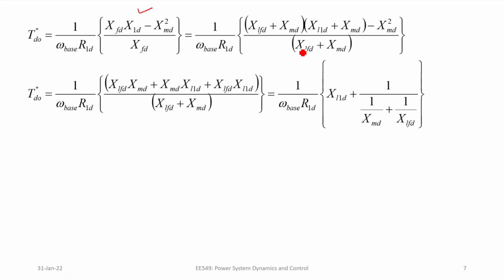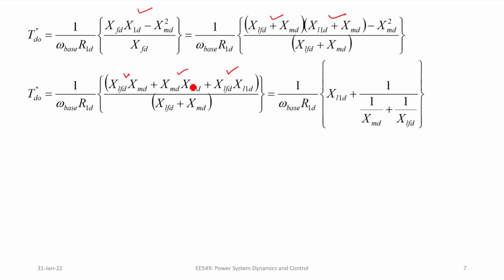Okay. So now we'll expand a little bit, substituting XFD as XLFD plus XMD and X1D as XL1D plus XMD. Now just expanding, multiplying and cancelling the terms, we'll have these terms remaining, and of course 1 by omega base R1D will remain as it is.